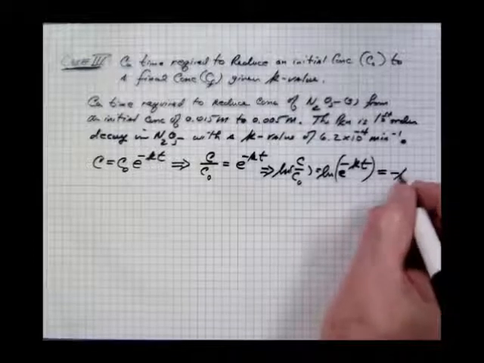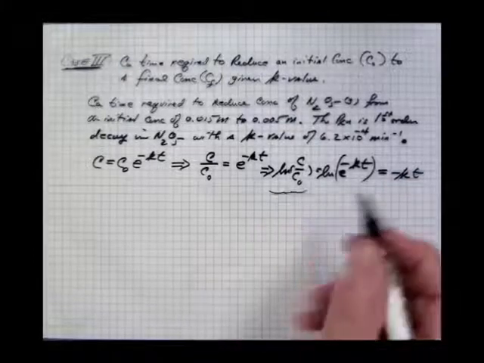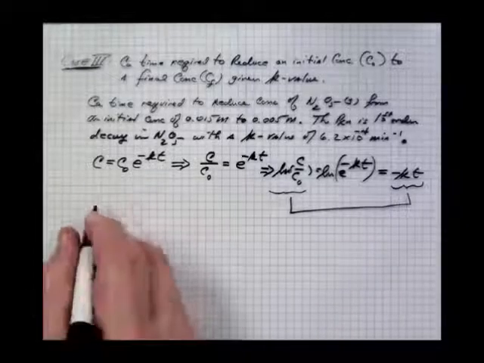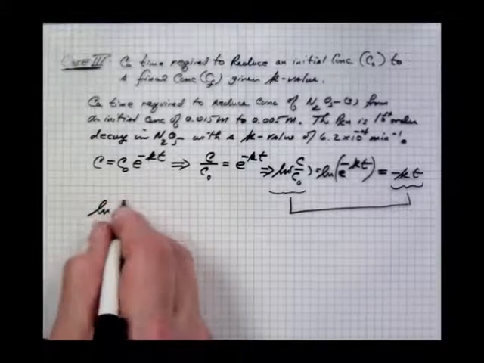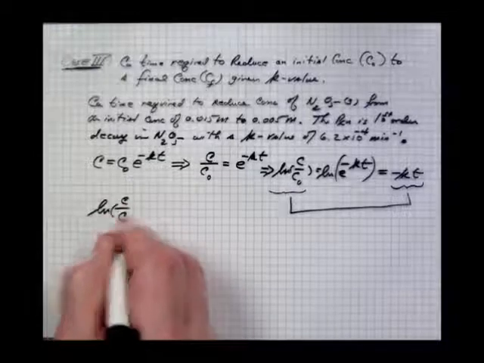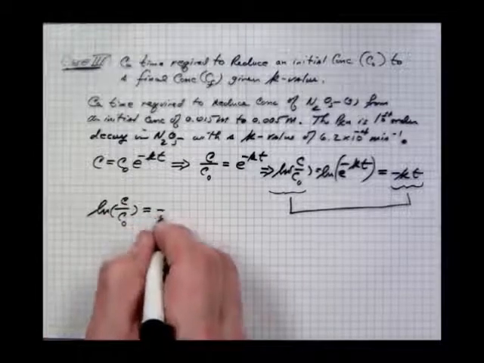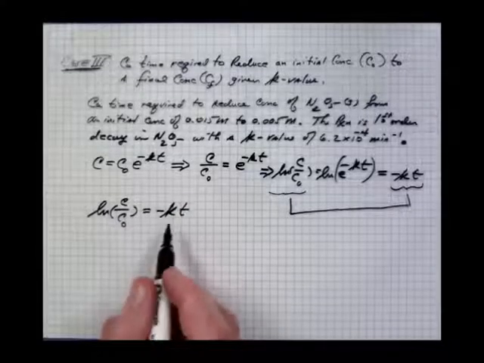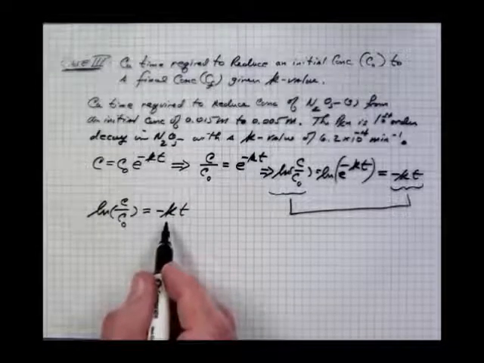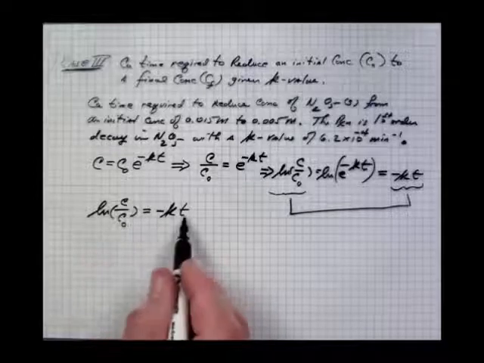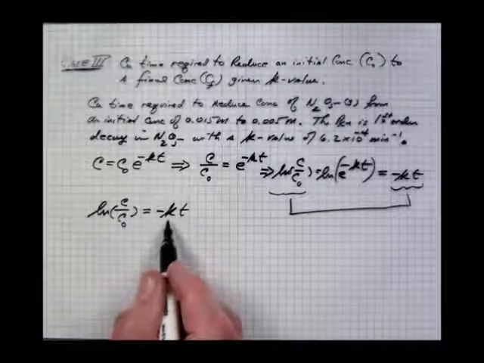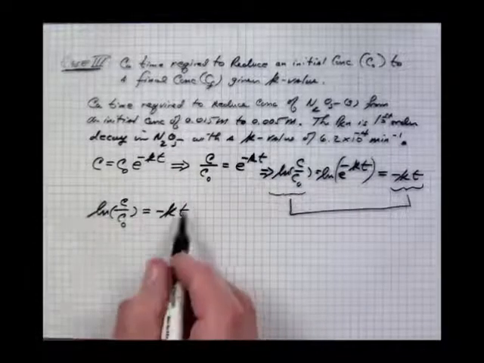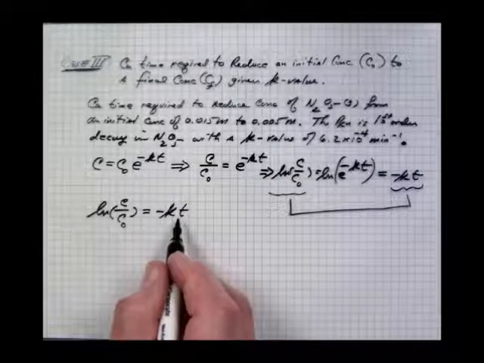Taking these terms together, we wind up with ln of C over C sub O equals minus KT. Now, some problems will require you to calculate K given C, C sub O, and T. Or in this problem, we want to calculate T.